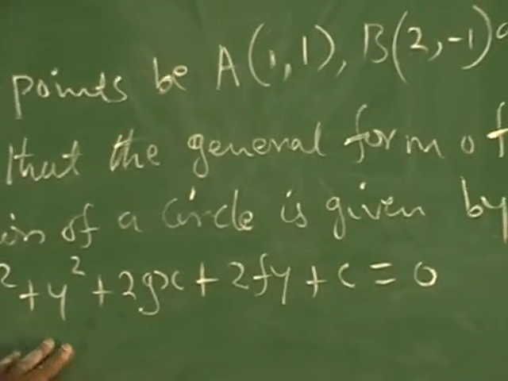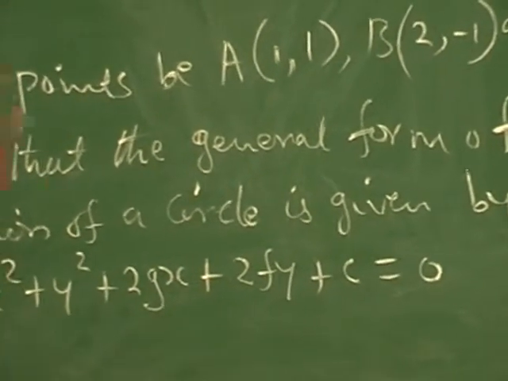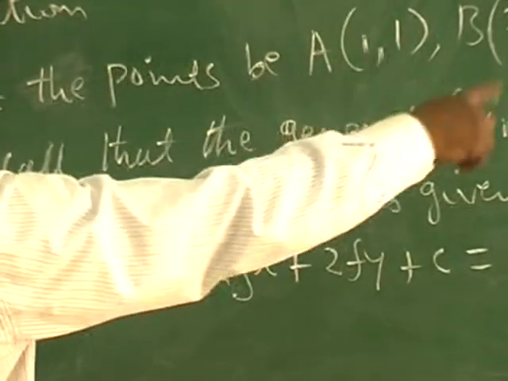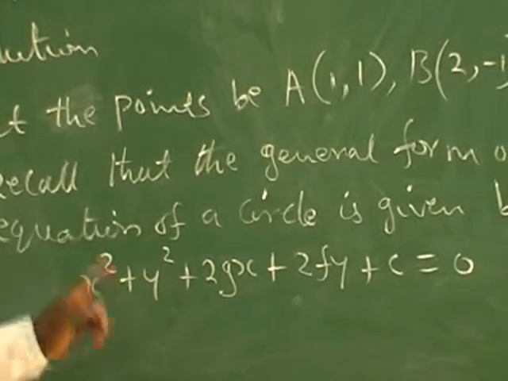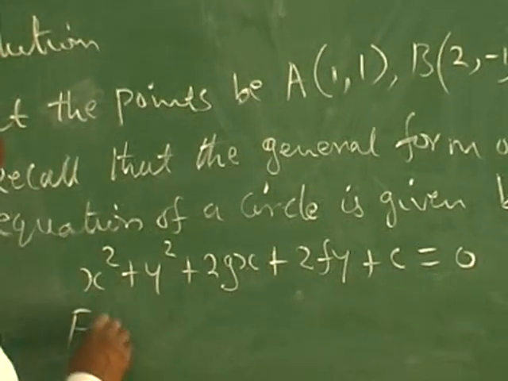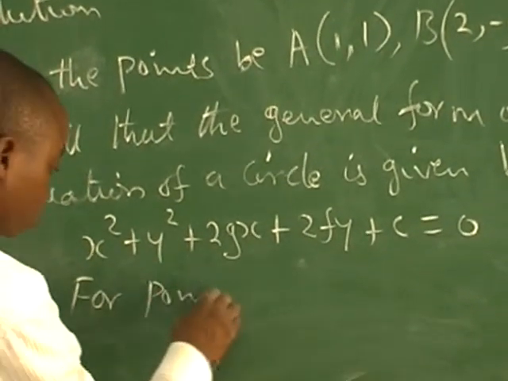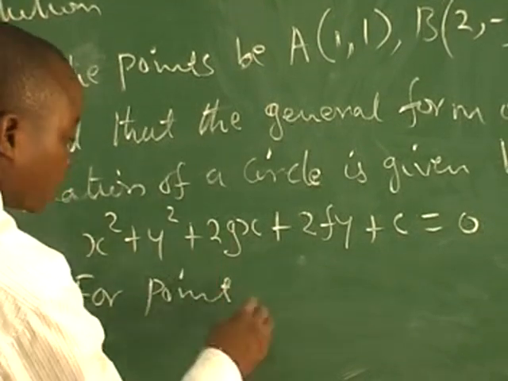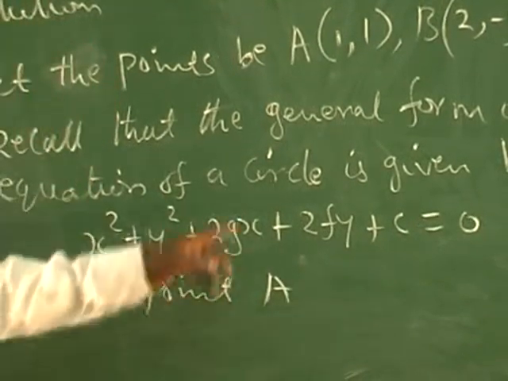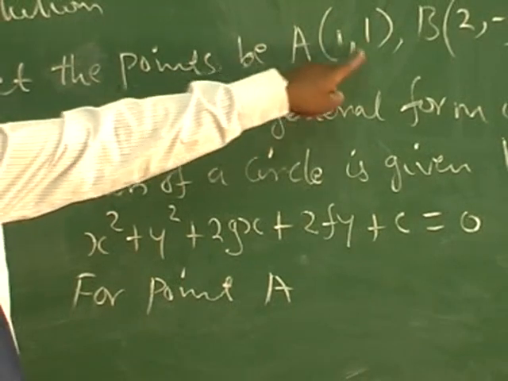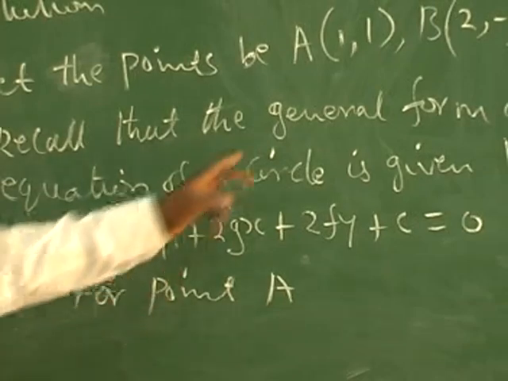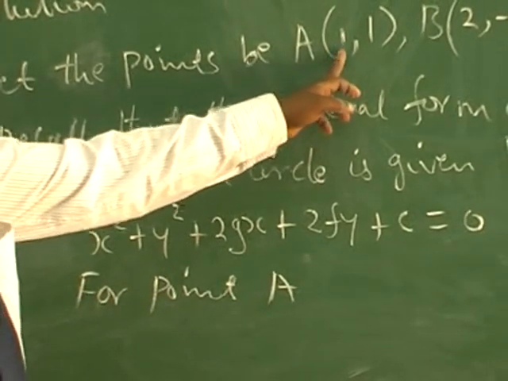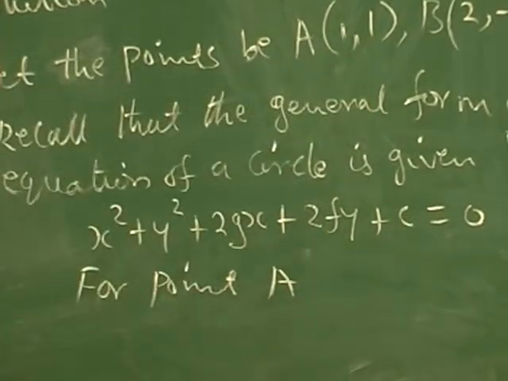So what we will do now is pick these points one after the other and substitute here to form equations. So for point A, which is 1 and 1, we'll substitute in the place of x and y. Of course, you know that this one is for the x coordinate and this one is for y.